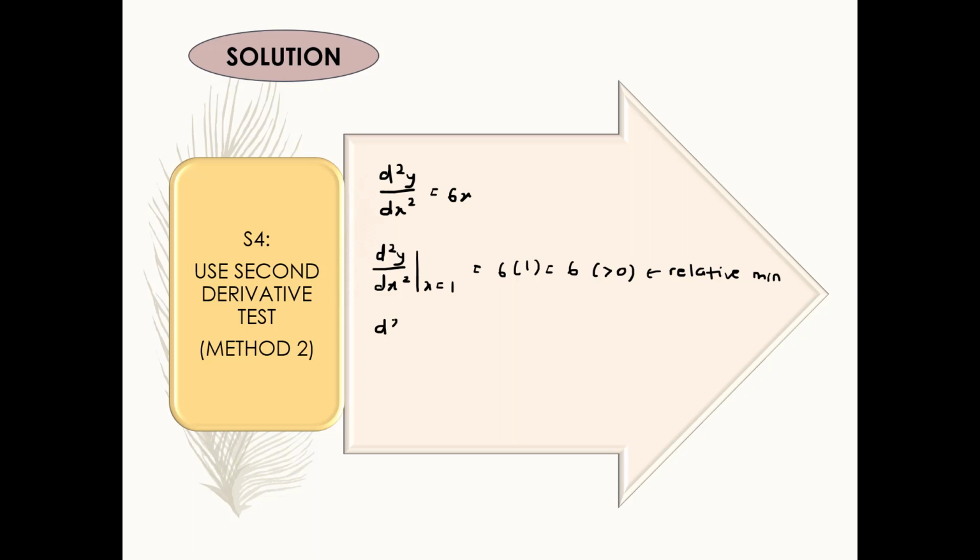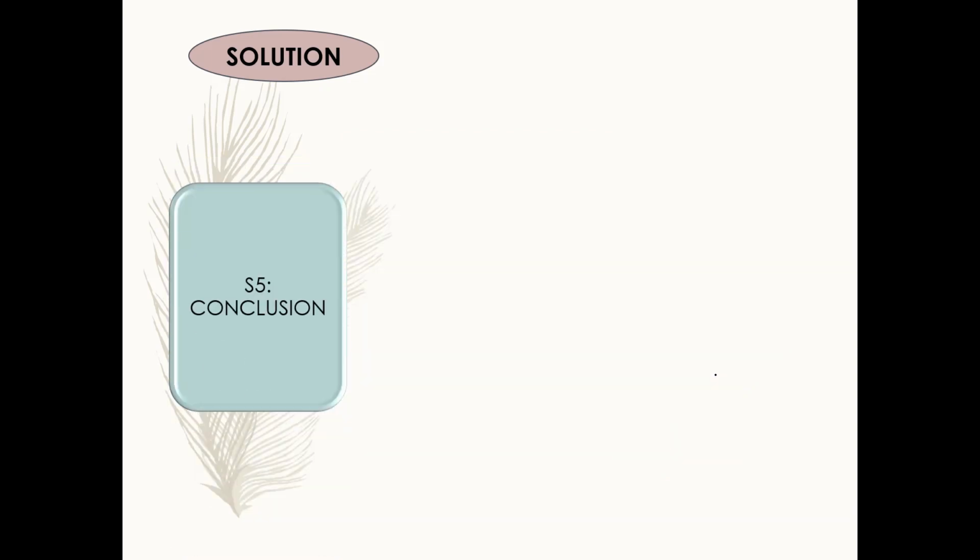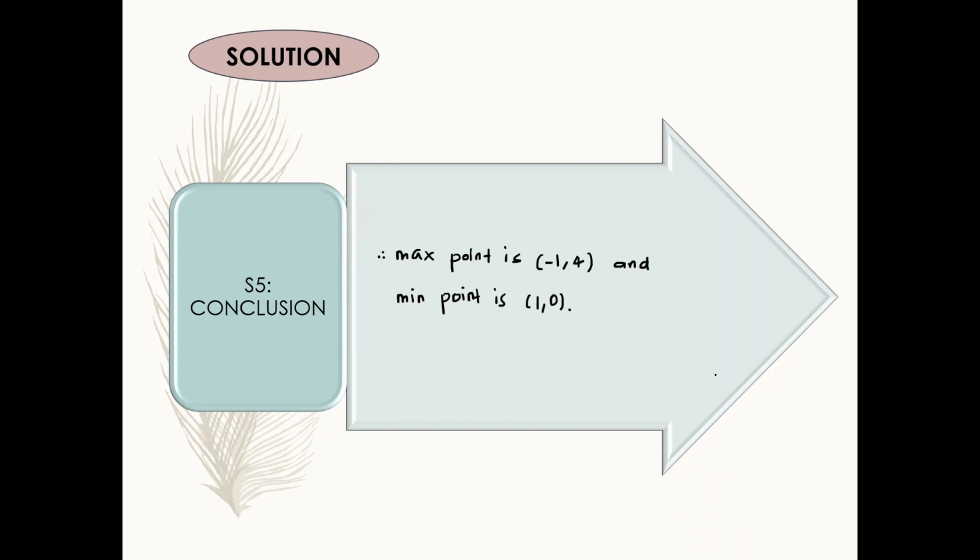And then when x equals to negative 1, you will get negative 6, which is less than 0. So it is relative maximum. So the conclusion is the same as the first method, which is maximum point (-1, 4) and minimum point is (1, 0).